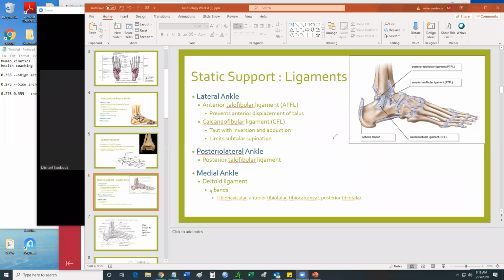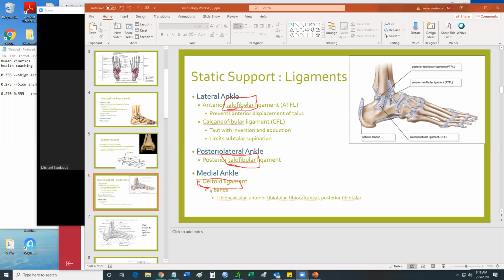The ligaments you'll need to remember are this group here, the talofibular ligaments and the deltoid ligaments. So you have anterior and posterior talofibular ligaments. Just like with the bones or the joints, your ligaments tell you the exact same thing. They just tell you which 2 bones are connected here.